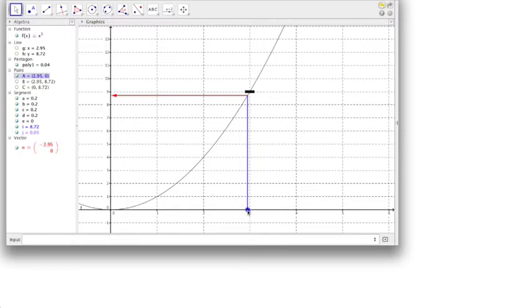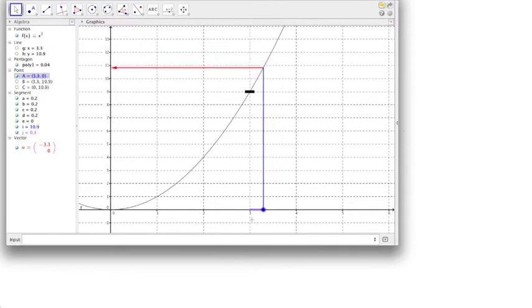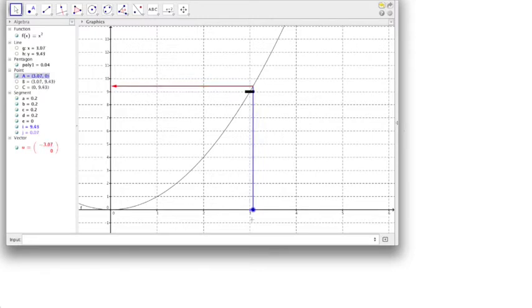Now, if I flip over past it, I can also come towards 3 from the other way. So here I'd be coming at 3 from the right. And you can see as my x-coordinates come down on top of 3, my y-coordinate is coming down on top of 9.